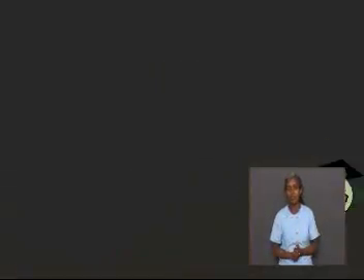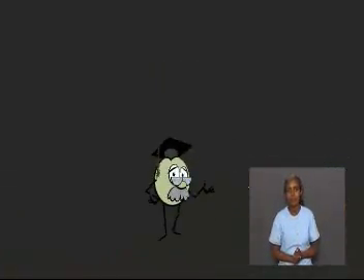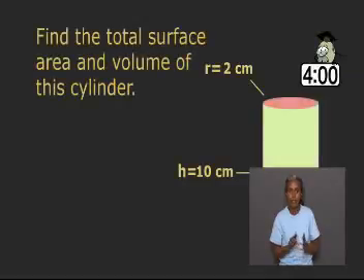Find the total surface area and the volume. You may begin now, students. Students, let's get ready. Begin.